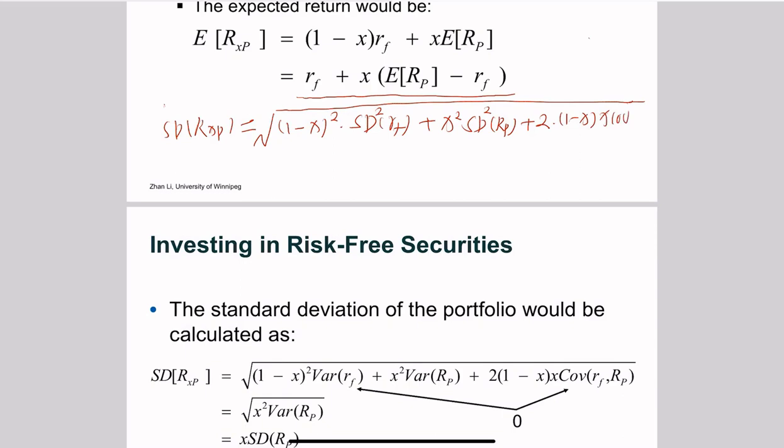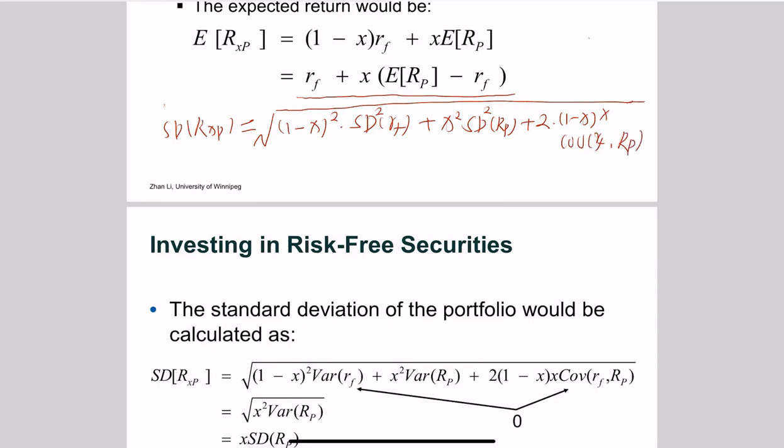Okay, I am running out of space here. So times the covariance between the risk-free asset and the all-stock portfolio.